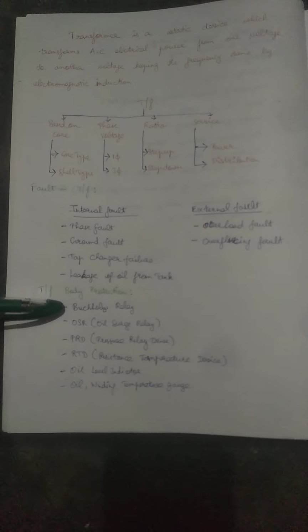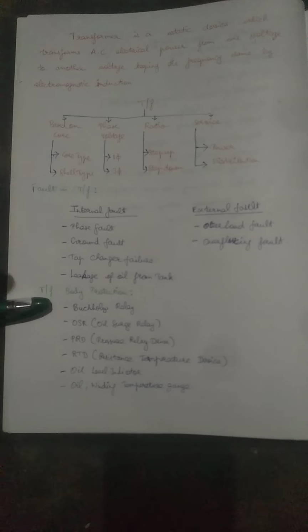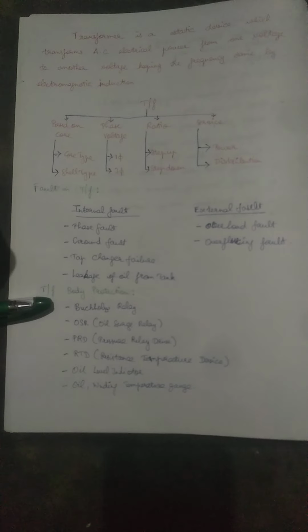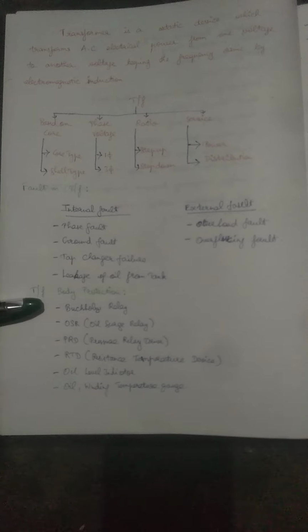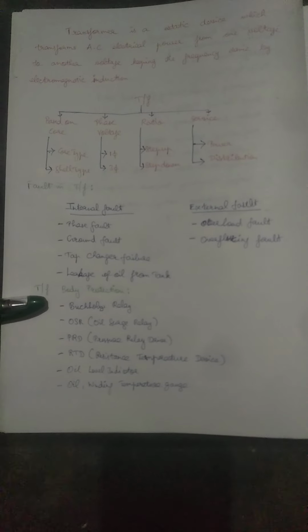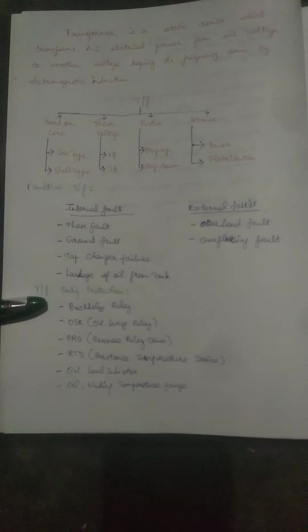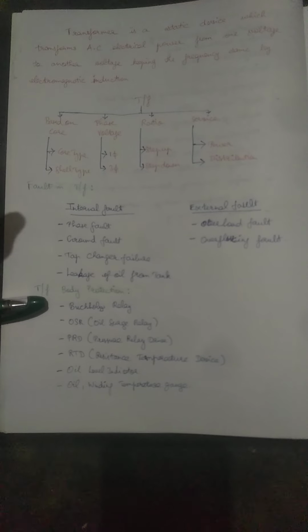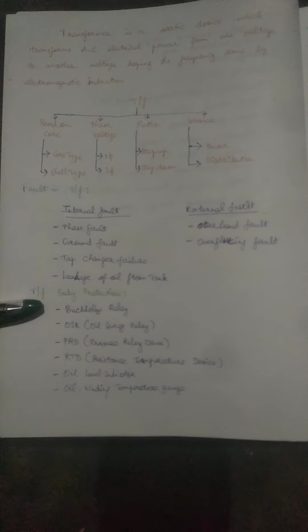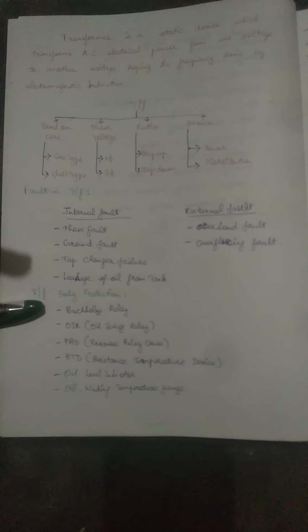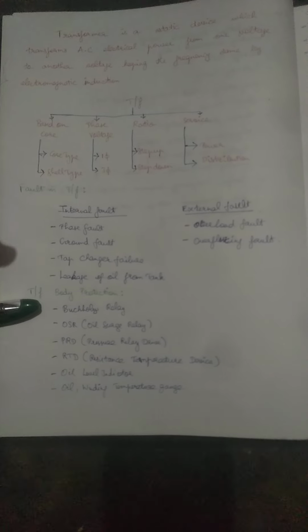Whenever the oil gets overheated, it will get stressed, and after some time if the transformer is de-energized, automatically the oil will get enlarged. At that time there are many problems, so for that we are using breathers and everything.